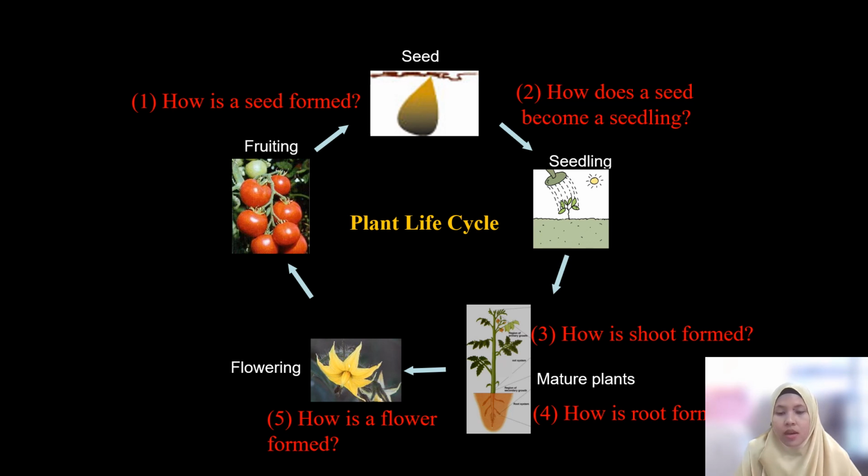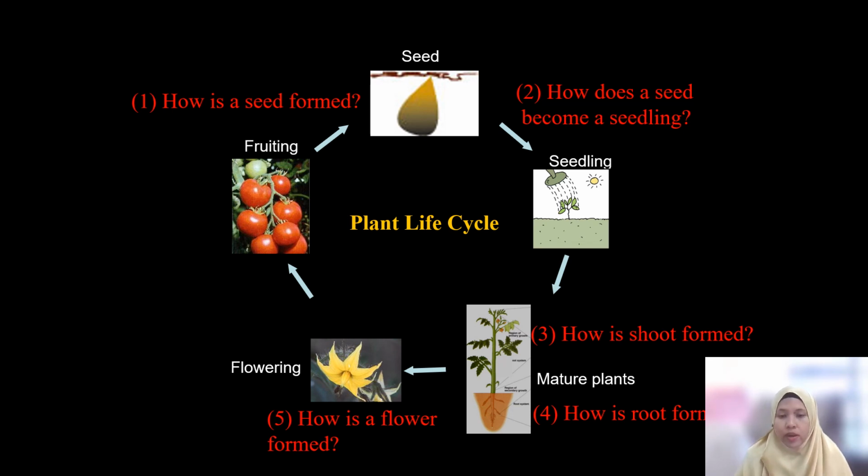Is through the shoot apical meristem, and also the root is formed through the root apical meristem, and both of these are controlled by the gene as well. And for root tu dia ada 4 developmental zones lah kan. So it starts with the root tip tu as a protection, and then dia ada meristematic zone tu.